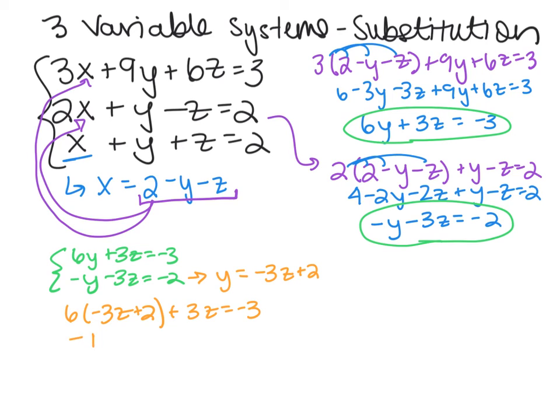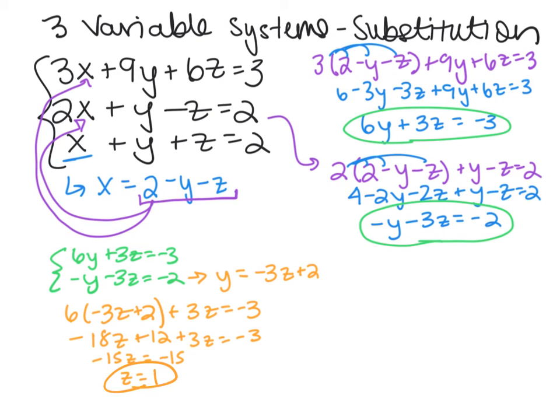Distribute negative 18 and 12. Combine like terms. We get negative 15z equals, subtract it, negative 15. And then we get z equals positive 1.